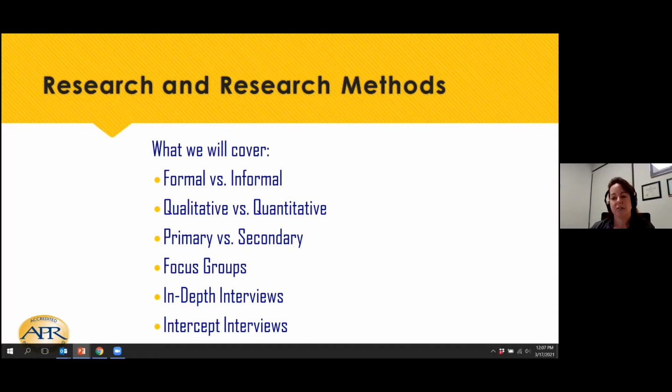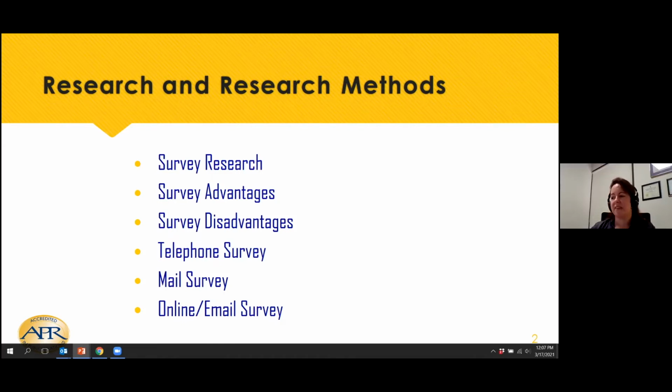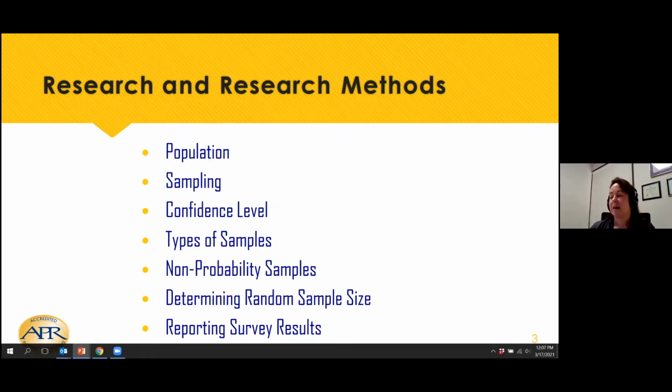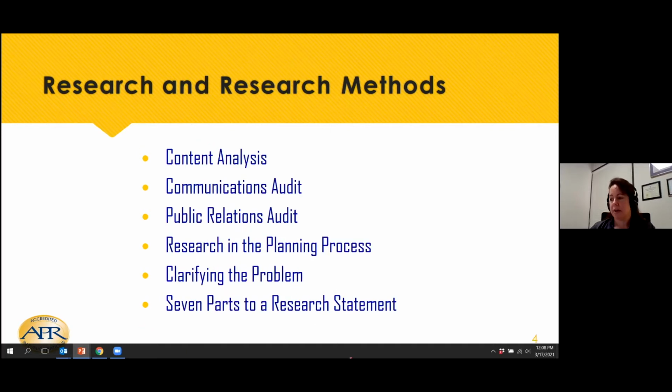So as far as research and research methods, we're going to cover formal versus informal, qualitative versus quantitative, primary versus secondary, focus groups, in-depth interviews, intercept interviews, survey research, survey advantages, survey disadvantages, telephone surveys, mail surveys, and online and email surveys, population, sampling, confidence level, types of samples, non-probability samples, determining random sample size, and reporting survey results, content analysis, communication audit, public relations audit, research in the planning process, clarifying the problem, and the 7 parts to a research statement.